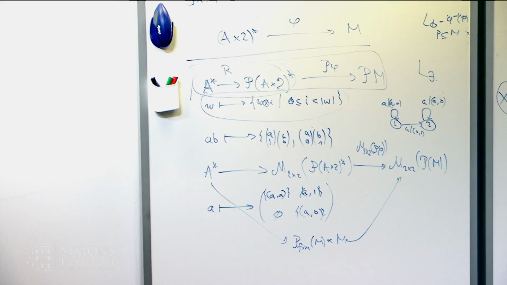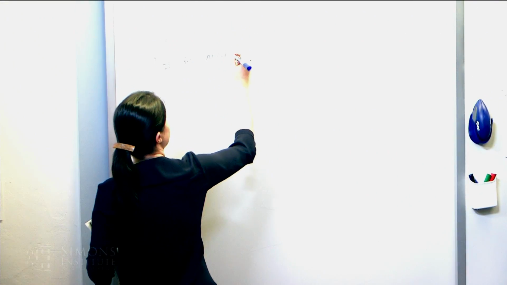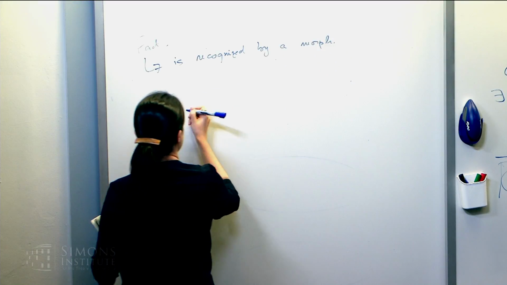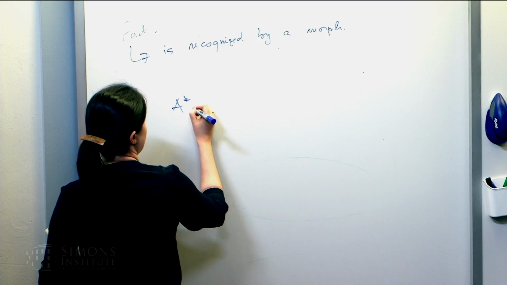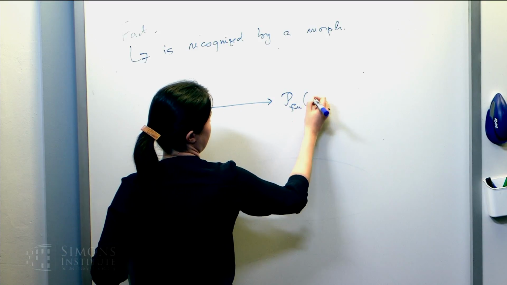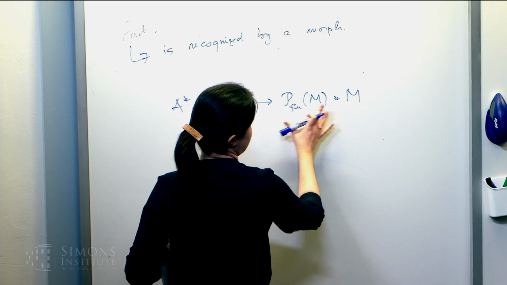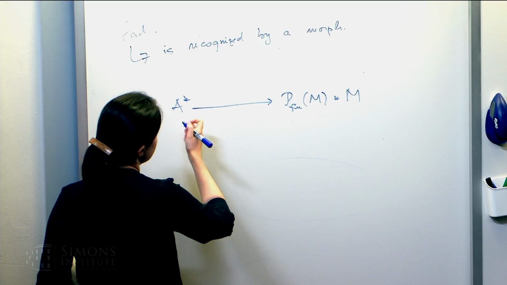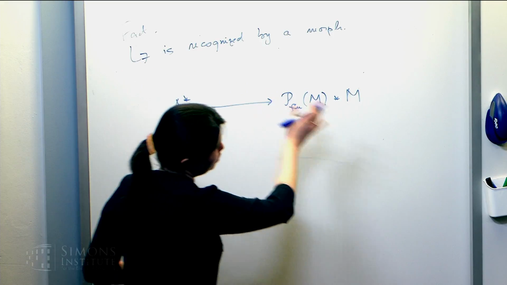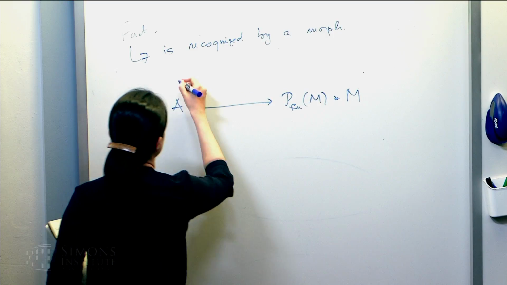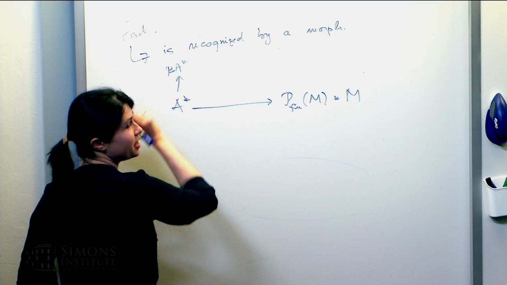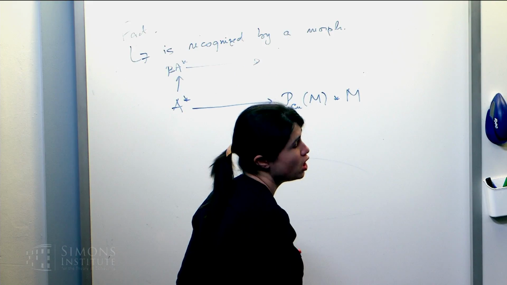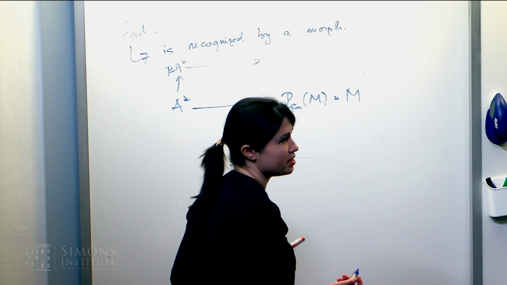The fact is that L exists is recognized by a monoid morphism from A star to a product of M and the finite power set of M. But this is fine if L is regular, and I am not in the regular case necessarily. So what would be a stone space with an internal monoid that recognizes L exists?